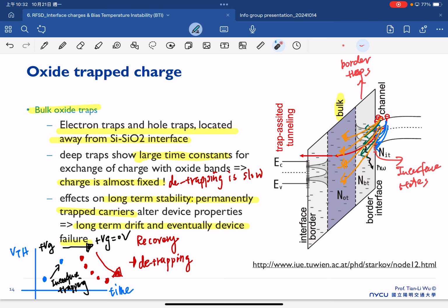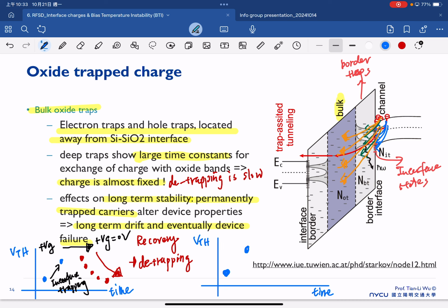But on the other hand, what will happen if we trap inside the bulk oxide? Again, we have the VTH shift here, we have the time here. First of all, this is our fresh threshold voltage.